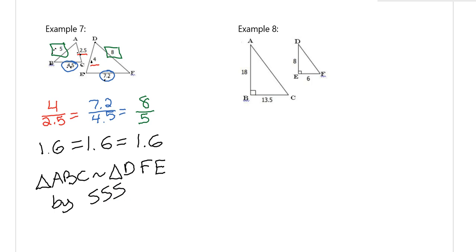All right, our last one, we know our two sides. So I'm going to start by checking if those are proportional. So I have smallest divided by smallest has to equal large divided by large.